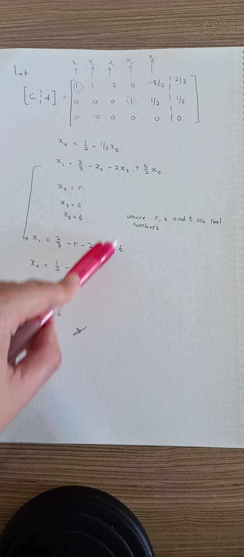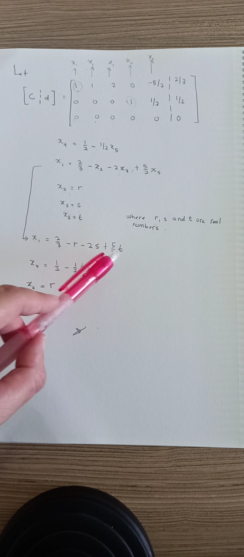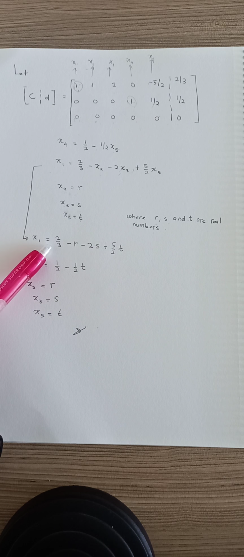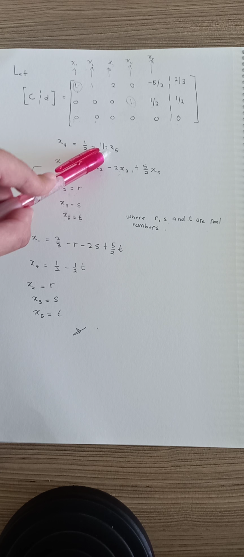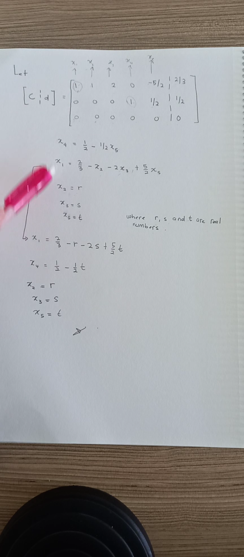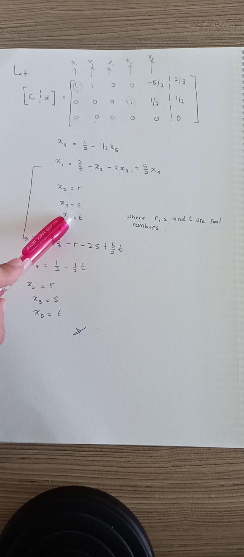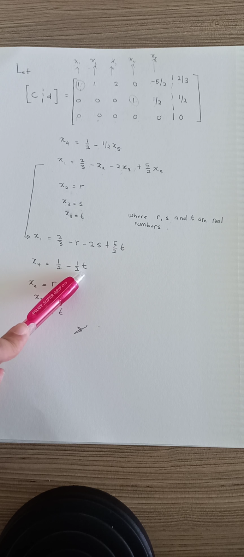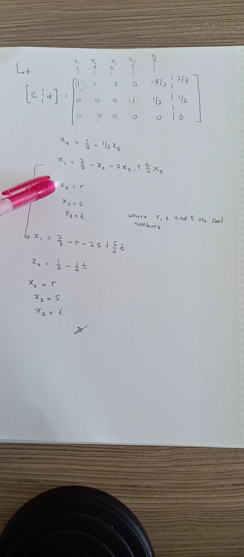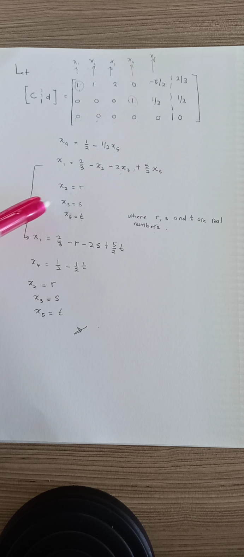So change x5 to t, and we get this form. Same goes to x4. So x4 equals half minus half x5. x5 here we have defined as t. So half minus half t. Then copy again: x2 equals r, x3 equals s, and x5 equals t.